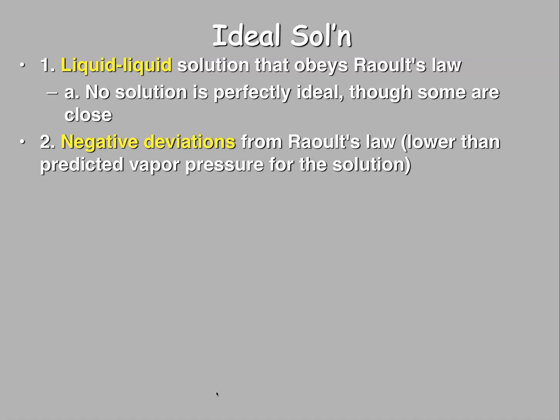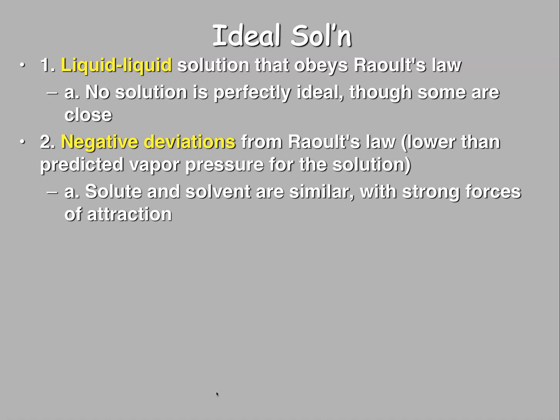Now, why does a negative deviation come about? We already kind of alluded to it. Solute and solvent are similar in their forces of attraction, in their makeup, similar IMFs. Therefore, they're going to be a stronger type of attraction. From a heat of solution perspective, it's going to be large and negative.